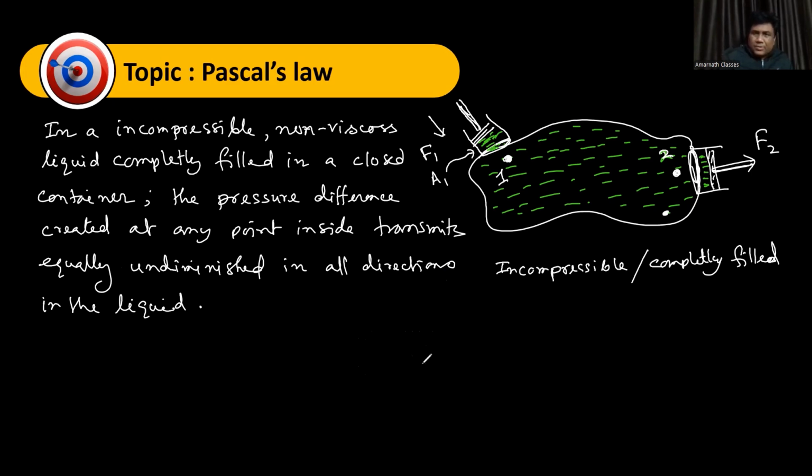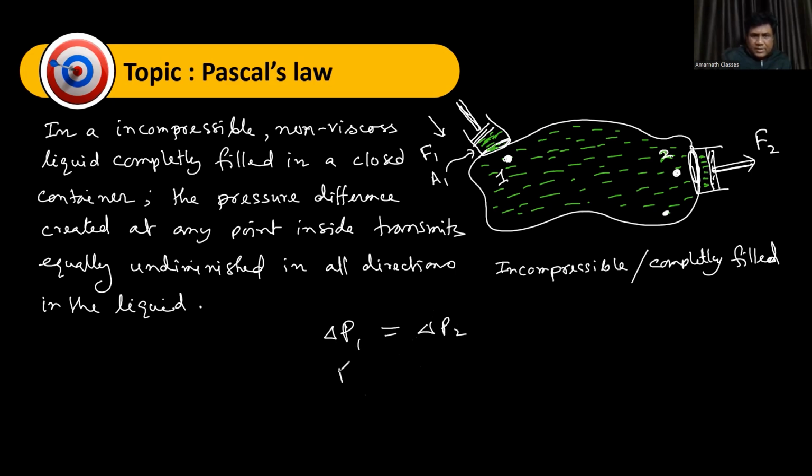Anyway, it has a lot of applications, like the hydraulic brake, hydraulic jack, and hydraulic lift. I'm going to give you one example. The pressure increment at this point, del P1, must be equal to del P2, according to this.